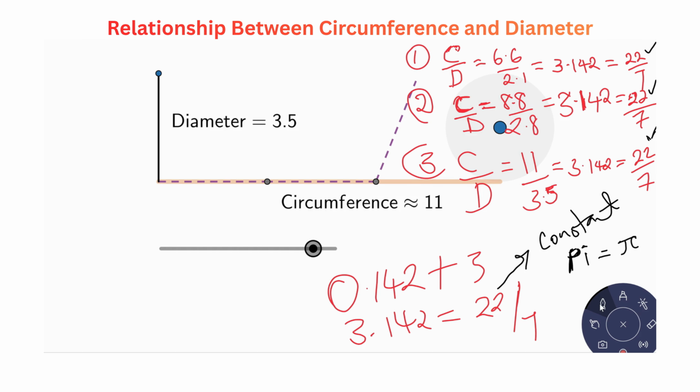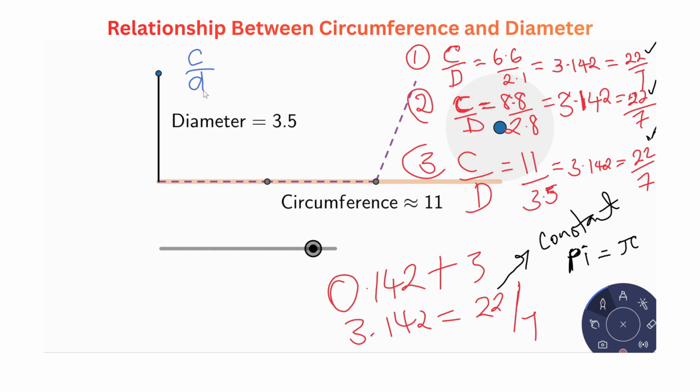Now, going on with our discovery, let me use another color again to show the relationship between circumference and the diameter. So to conclude, the relationship between circumference and diameter is that, let C represent circumference as we have been doing, circumference over diameter.